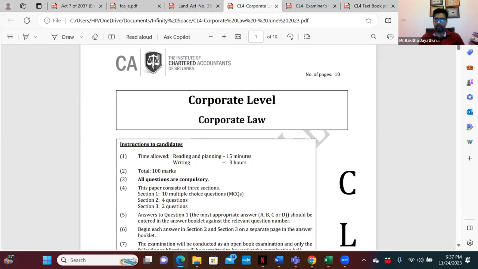You're aware that Section 1 consists of 10 MCQs, where they have allocated 20 marks. Then Section 2 consists of 4 questions. For each question, they have allocated 10 marks. Altogether, you get 40. So from the first 2 sections, you can score 60 marks. Then Section 3, you get 2 questions, and for each question, they have allocated 20 marks. Accordingly, you can score 40 marks from Section 3.